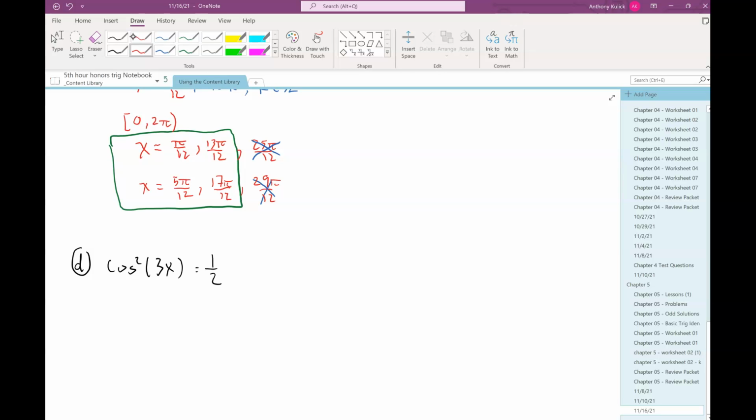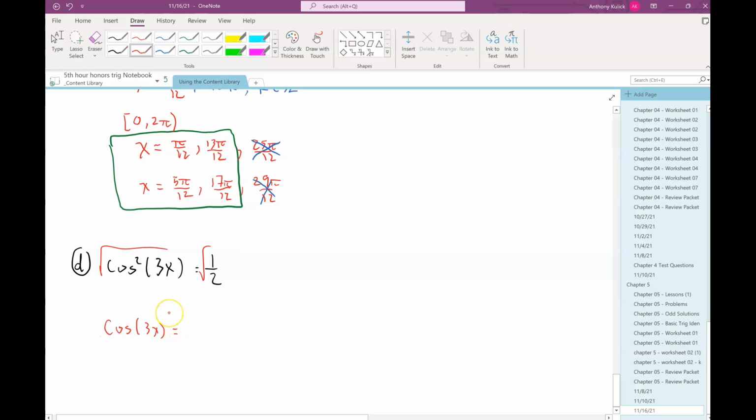So let's say cosine squared 3x is equal to 1/2. What do you guys want to do first on this one? Square root. Yeah, we'll square root both sides.